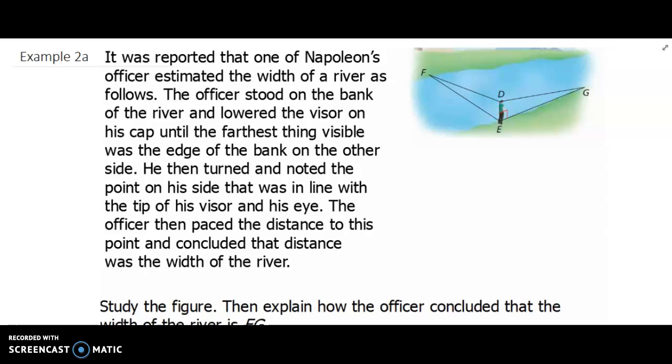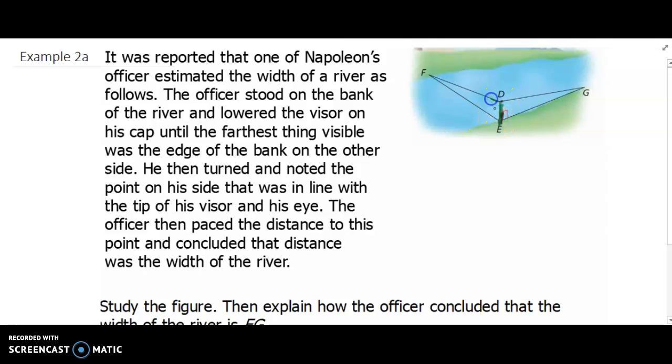All right, so we have this diagram at the right, and it says that it was reported that one of Napoleon's officers estimated the width of the river as follows. Okay, so the officer stood here at the bank of the river, and lowered the visor on his cap until the furthest thing visible was the edge of the bank on the other side.